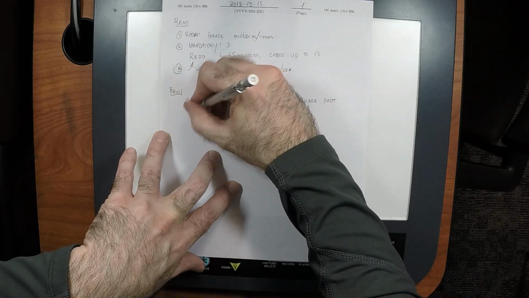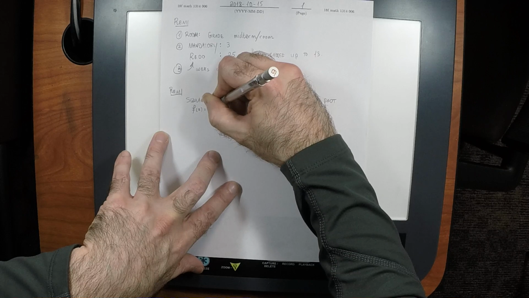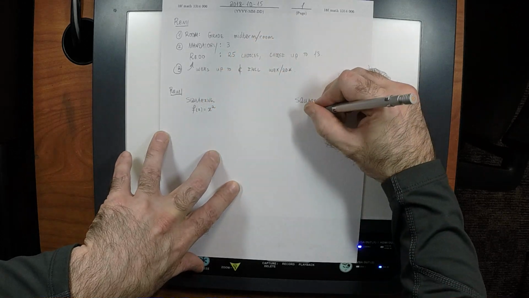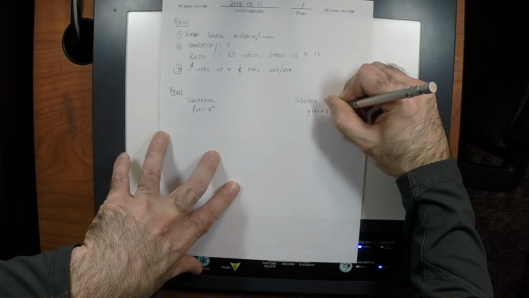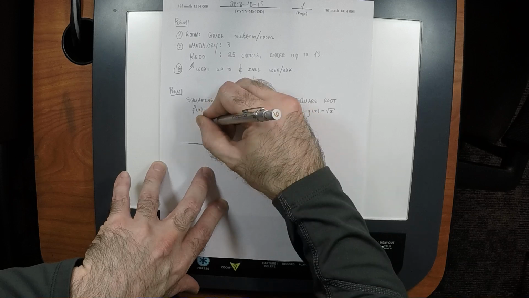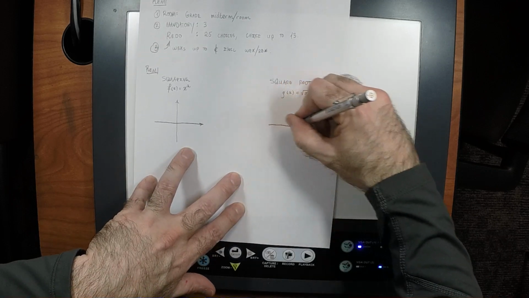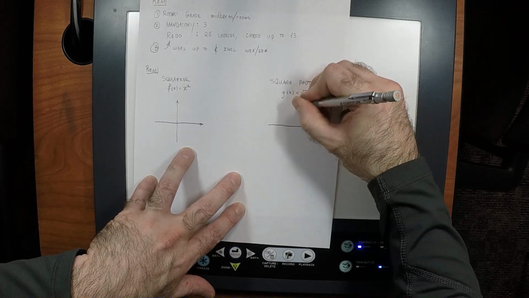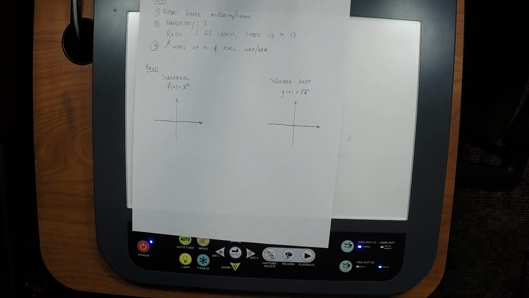If, for the squaring function, I write f of x is x squared, and the square root function g of x is square root x, then respectively, these plot in the following way.